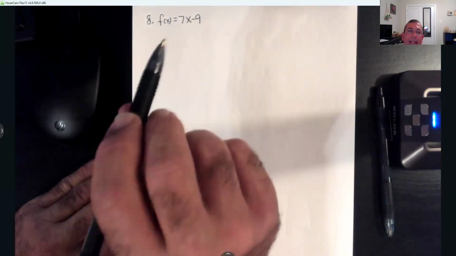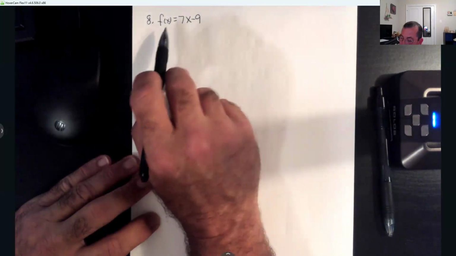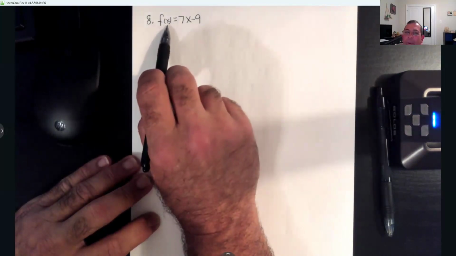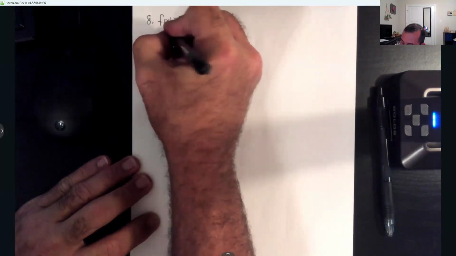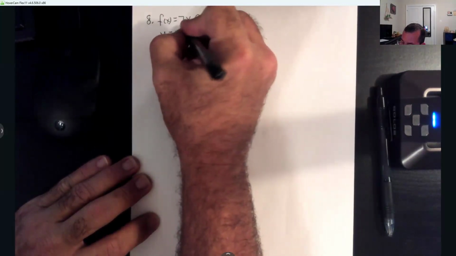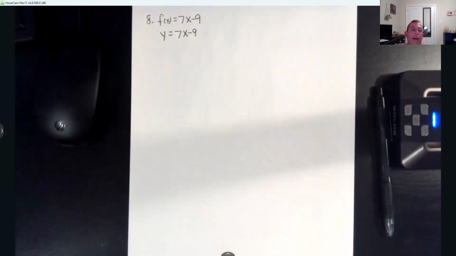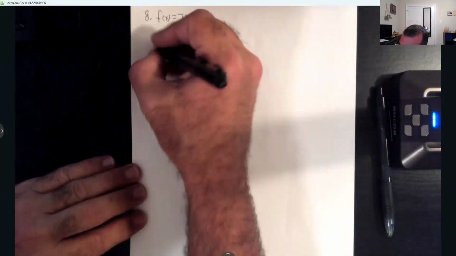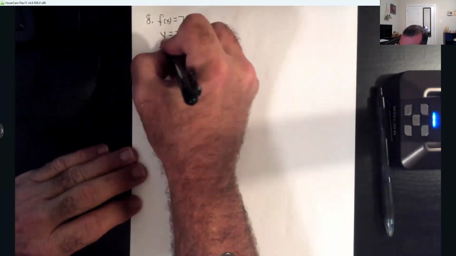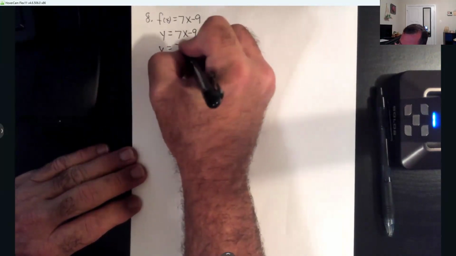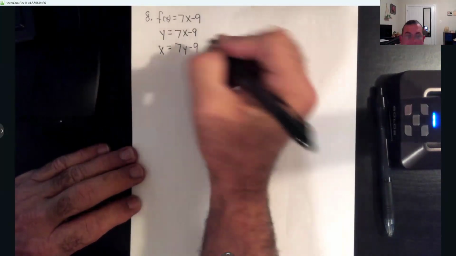So we're going to find its inverse. We're going to replace f of x with a y. All right, y'all, guess what we're going to do next? We're going to switch that x and y around so that we get x equals 7y minus 9.